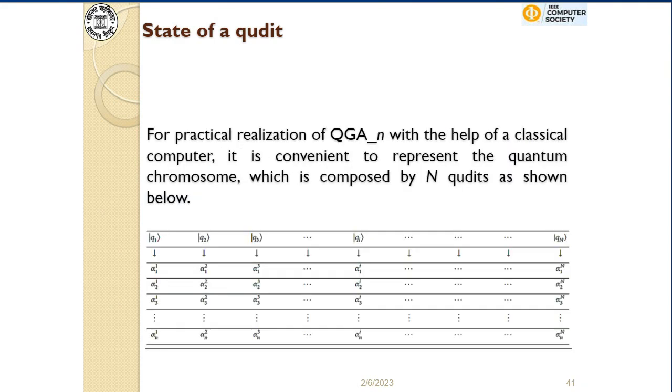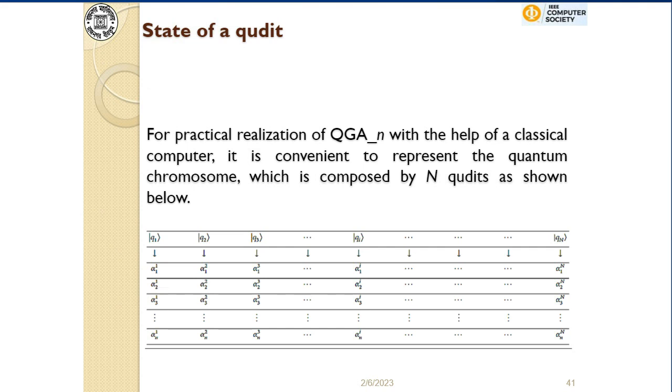So if you think of implementing, say, a quantum inspired genetic algorithm, QGA, with a multi-level quantum system, that is an n-level quantum system, you will have to design that. In this case, obviously, you will be having the population encoded into qudits, not qubits.